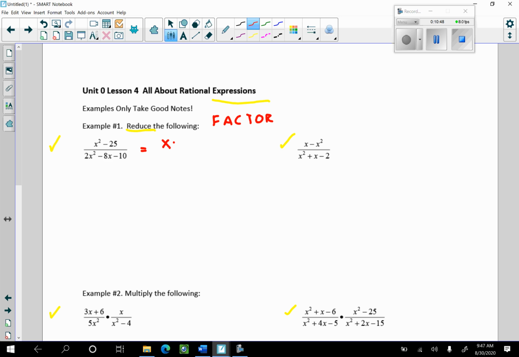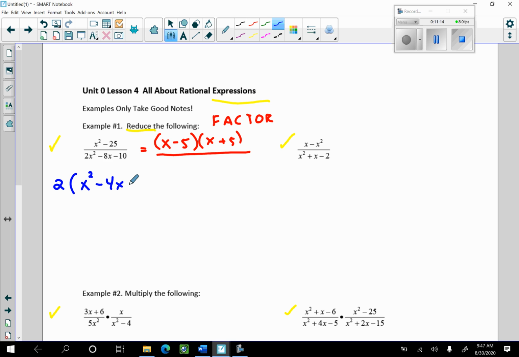It's going to be x minus 5 and x plus 5. What we need to do then is factor this bottom down here. And I can see the first thing you always want to do is factor out a common factor of all the terms, so factor that bad boy out. And we see that all 3 of these terms have a 2. So I'm going to factor 2 out.